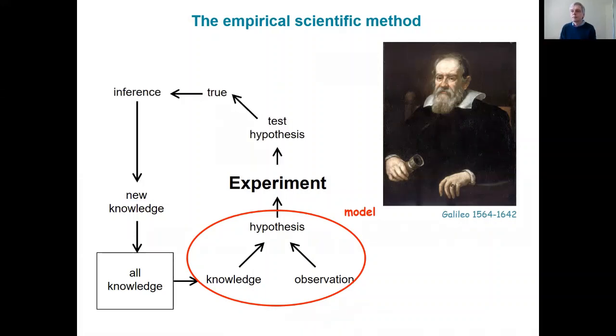So we carry out our experiment, we test the hypothesis. We're very pleased if we find the hypothesis to be supported. We can then make an inference about the thing we're studying that creates that new knowledge, and perhaps not through one single experiment, but through the same kind of hypothesis being tested with new data by ourselves or others.